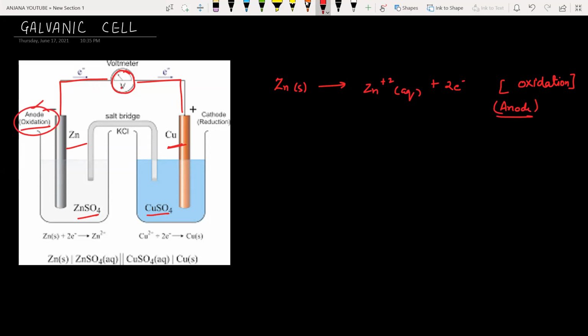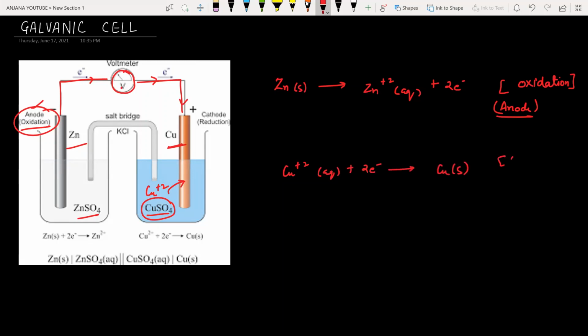So this process involves the liberation of electrons, and these liberated electrons move through this voltmeter and reach the second metal rod, that is your copper. Now since the solution contains copper sulfate, that means Cu2+ ions are present in it. These Cu2+ ions are going to extract these electrons, gaining two electrons and forming solid copper.